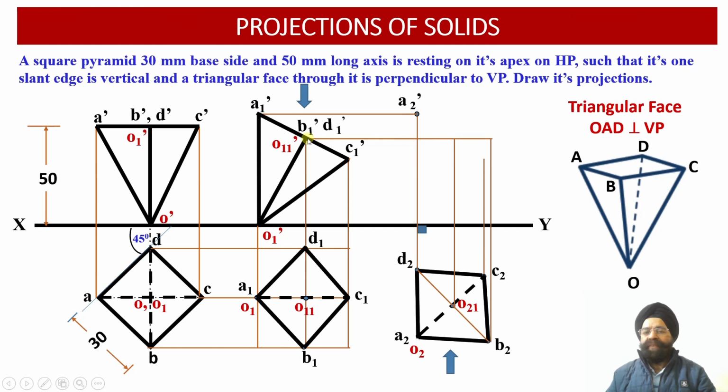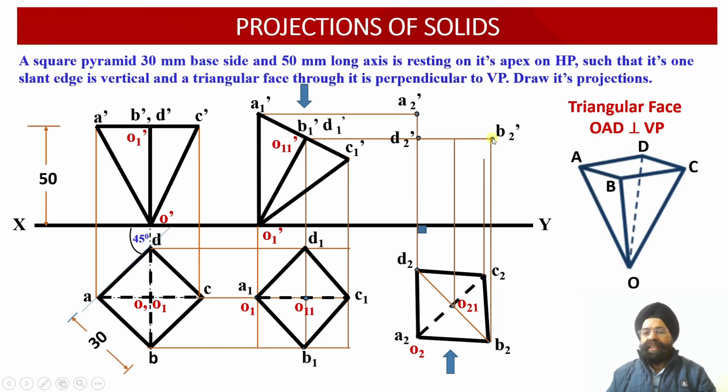Similarly, from B1 and D1 we have drawn horizontal projector lines. So 3 points are available over here, O1 dash, B1 dash and D1 dash. On this horizontal line, 3 elevation projection points we are going to evaluate. Here we can see the first point is B2 dash. We can check there is the vertical projector line emerging from B2 over here.